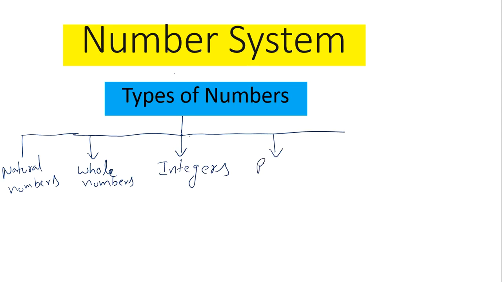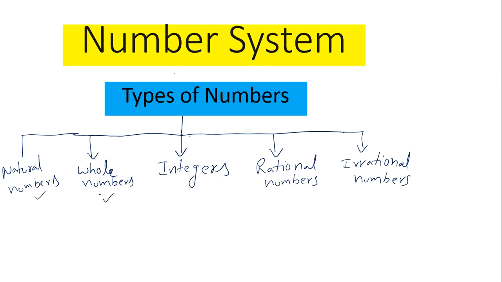The fourth one is rational numbers. And the fifth one is irrational numbers. In today's video, we will be learning about natural numbers and whole numbers.